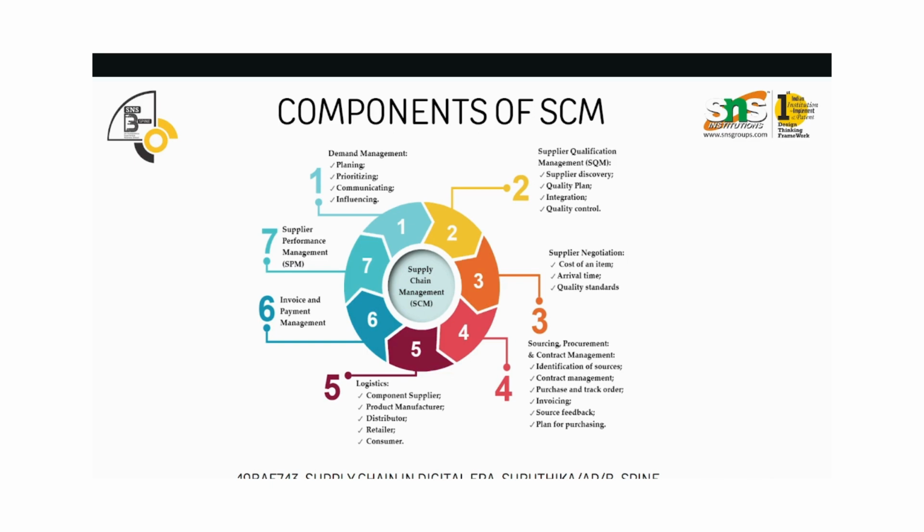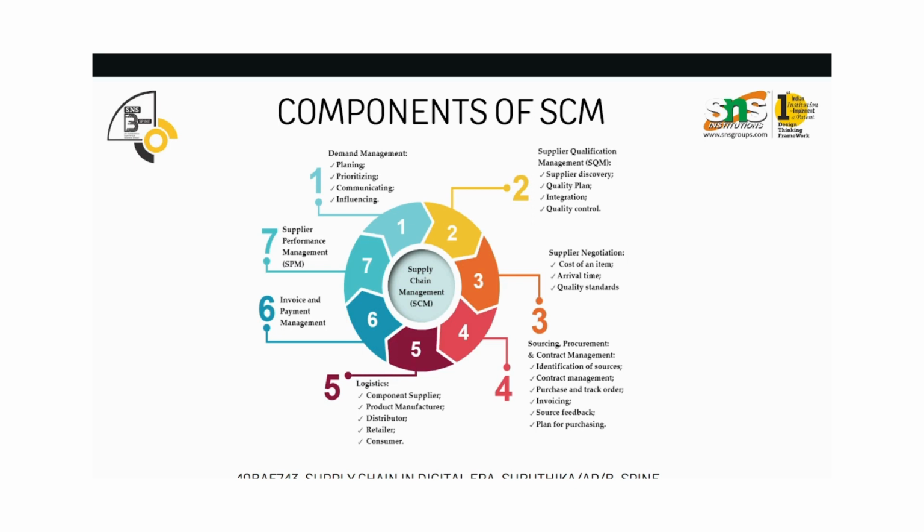The first component, demand management, includes planning, prioritizing, communicating, and influencing. So in this process, we will have to forecast the demand. We'll have to do proper research to understand what the real-time demand in the market is. Based on that, all other processes will be planned.